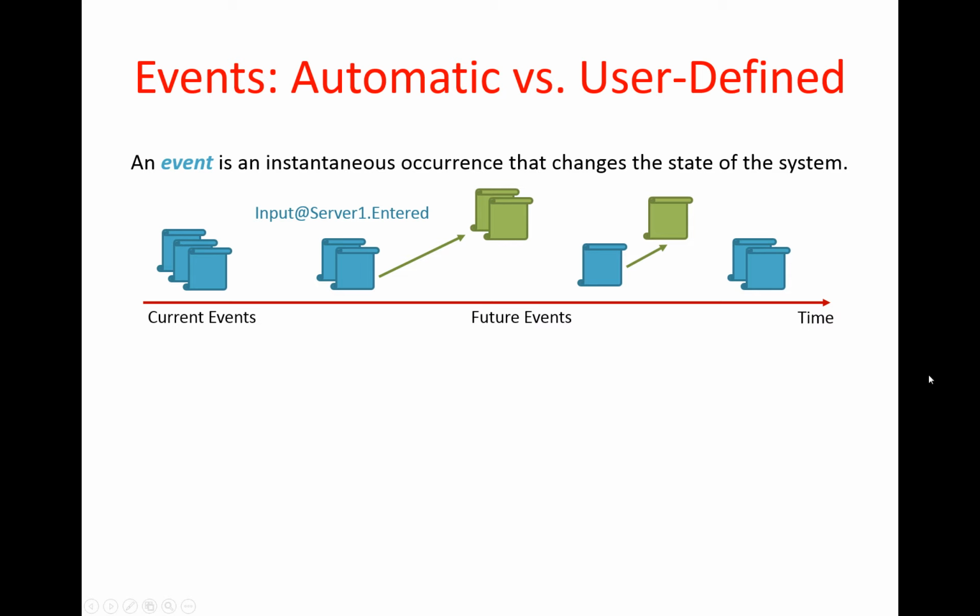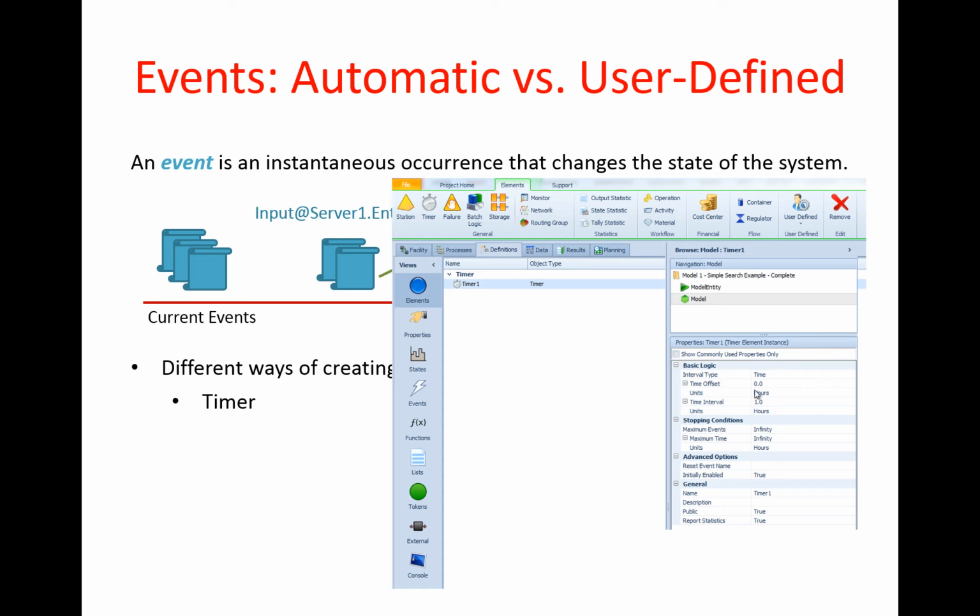However, there are alternative ways that users can also create new events. So for example, we can use a timer. The topic of a timer is out of the scope of this video, but suffice to say that we can define a timer from the definitions tab and elements.